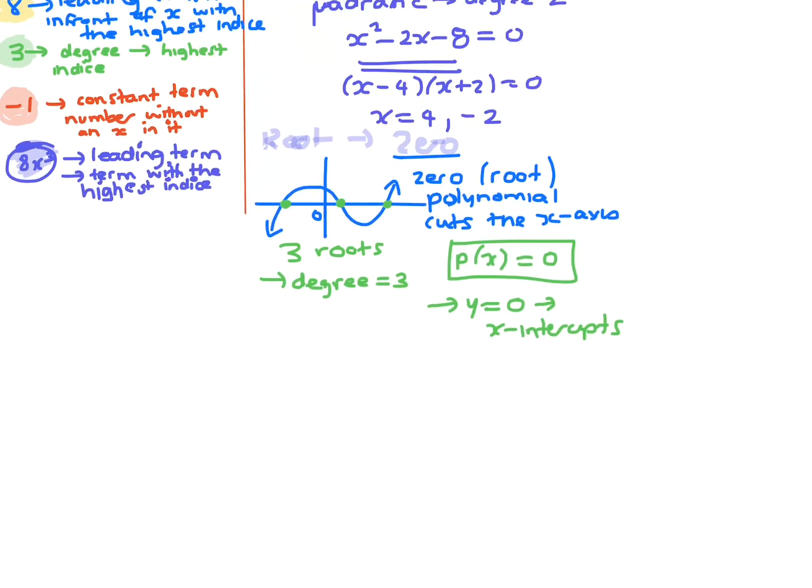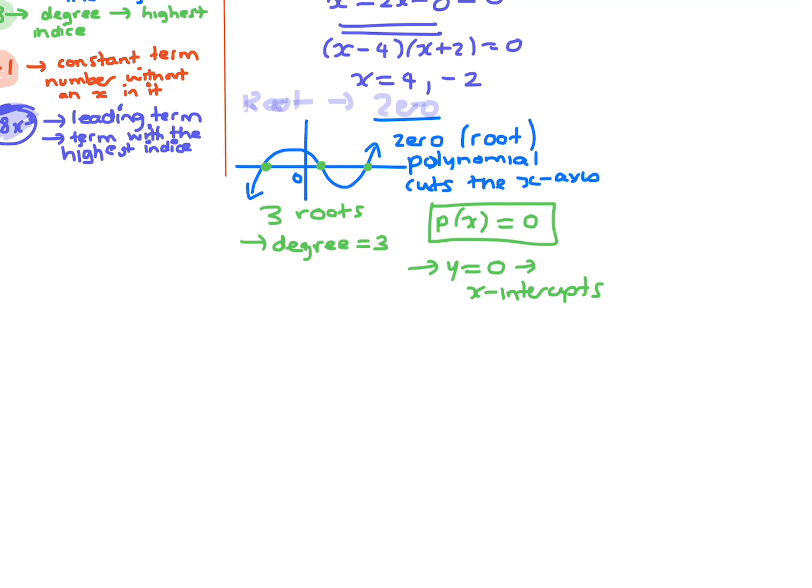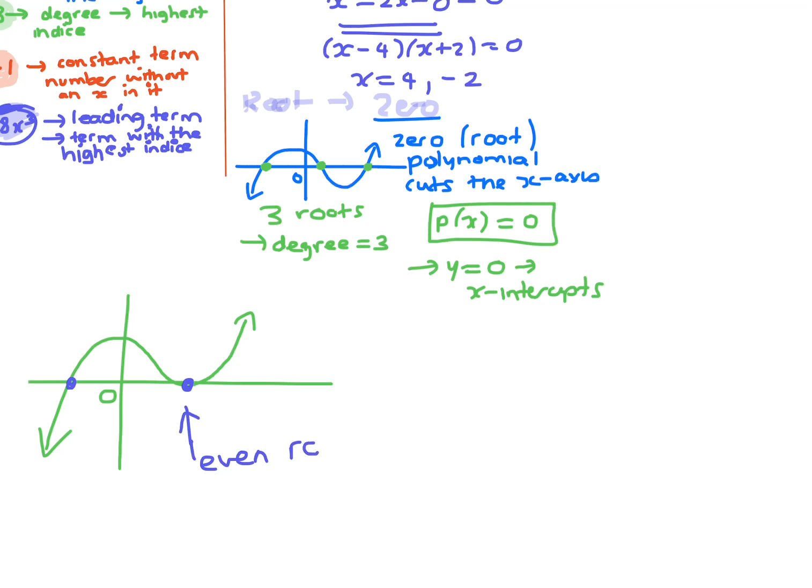So if you're just looking at, I'm just going to draw another one up. And I'm going to make it touch like that. So that one there is touching, okay? So that there, because it's touching, is actually going to have an even root.